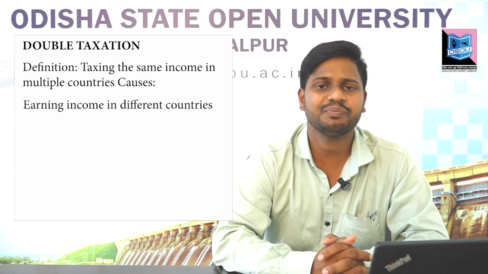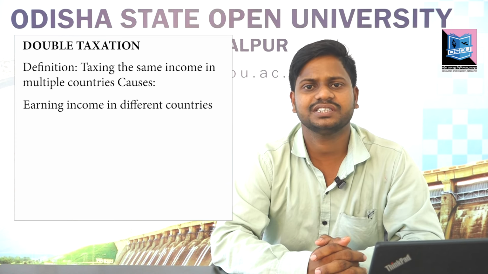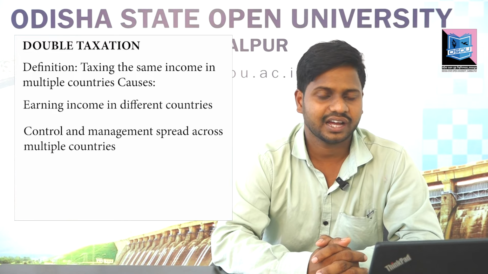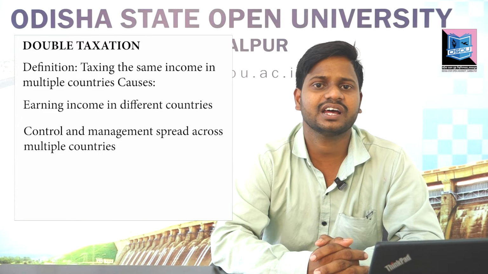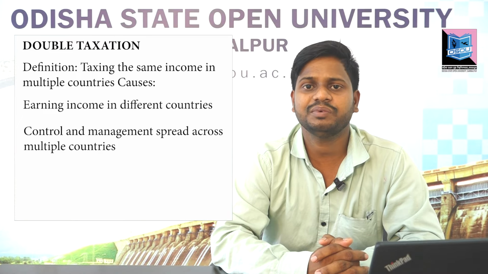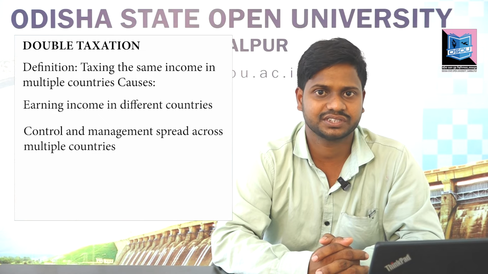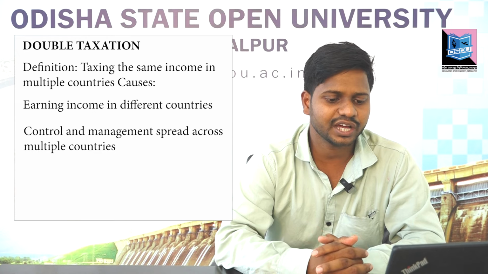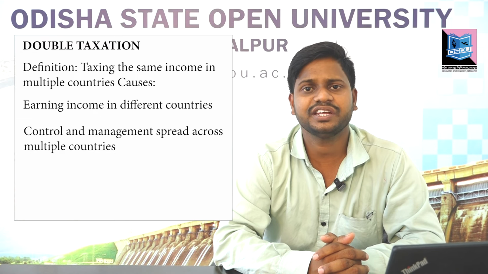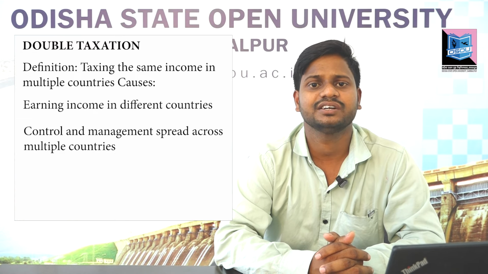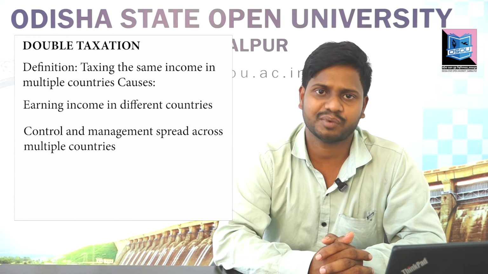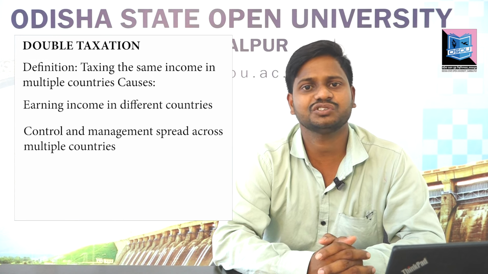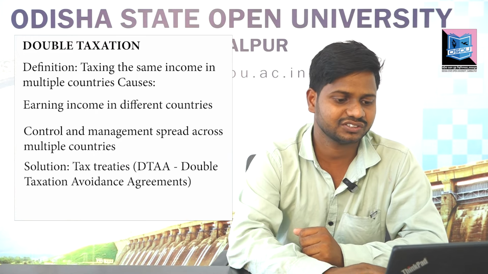For example, if a company's headquarters is in India, but its subsidiary company is in the UK, the income earned in the UK will be taxed by the UK government. But if it is brought into India, then the Indian government also says you will pay tax on that amount. This is not fair for a businessman. That situation is called the double taxation system.